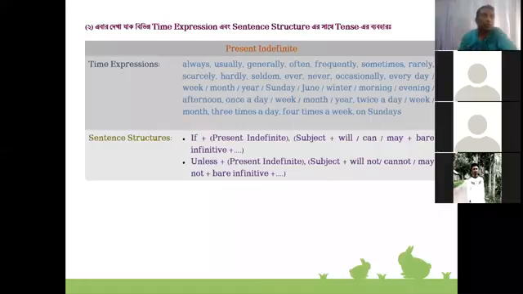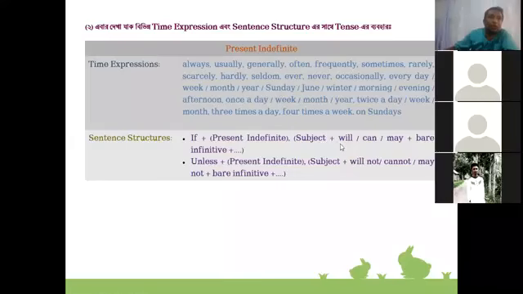We also use the present indefinite tense in these sentence structures, as you can see on the screen. This is the structure of the first conditional sentence: if plus present indefinite plus future indefinite.